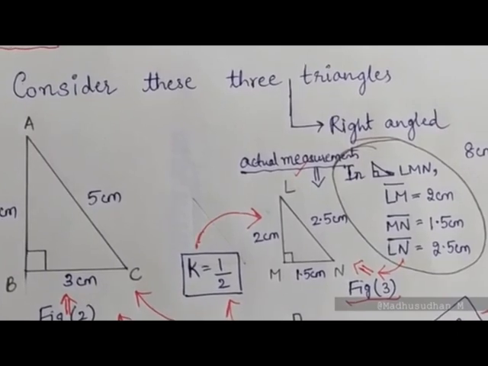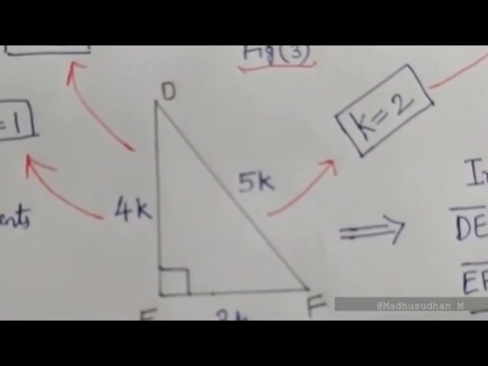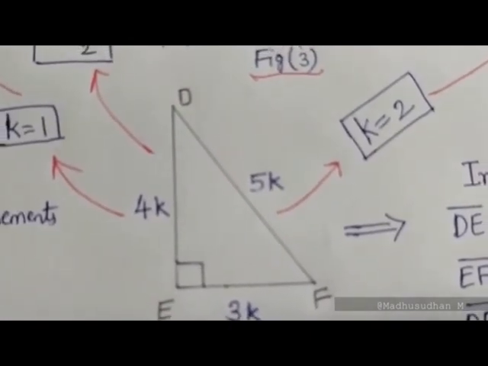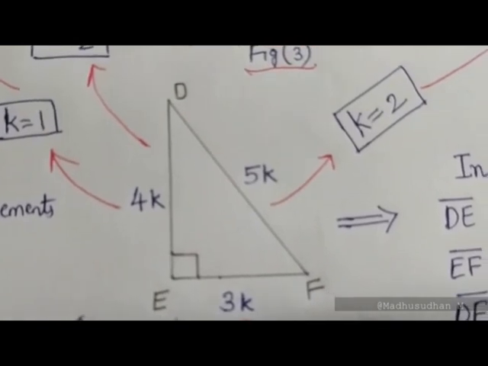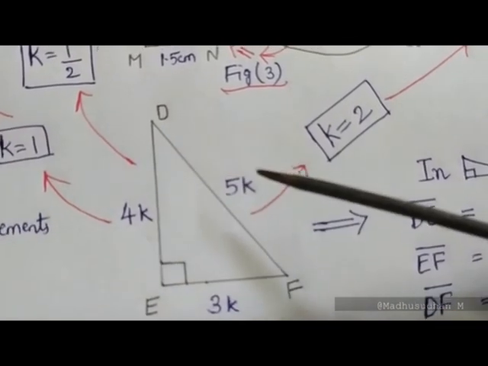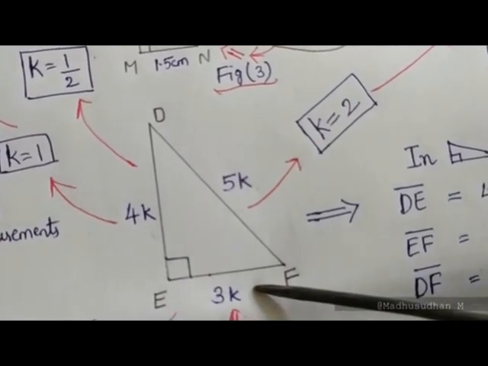So now coming to the fourth point. So you have a triangle here, a right angled triangle. The DE is equal to 4K here, DF equal to 5K, and EF equal to 3K.